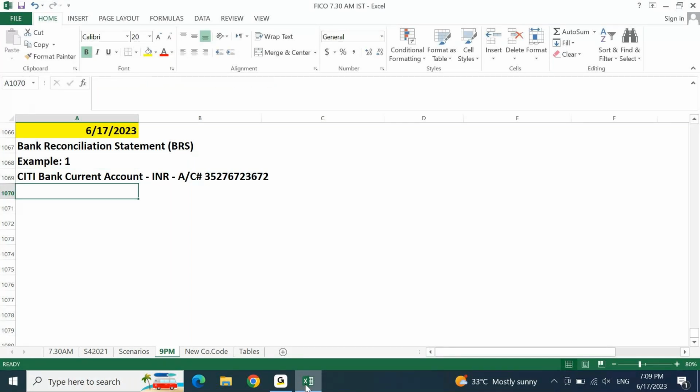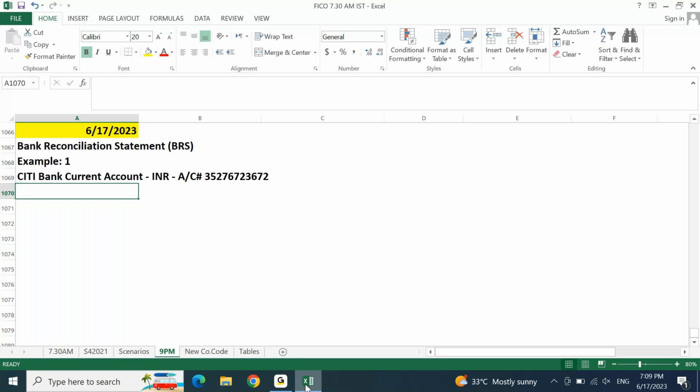This is the bank that you're talking about for BRS. Citibank INR, when we mean the account currency is INR, and this is the account number at the end. Now what we will do, let us take 1 month transactions till date.